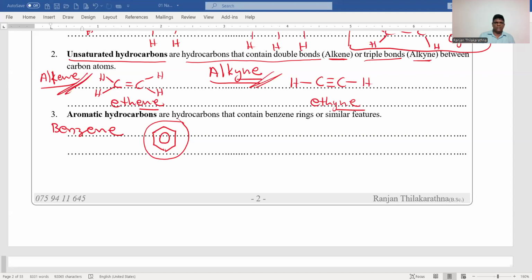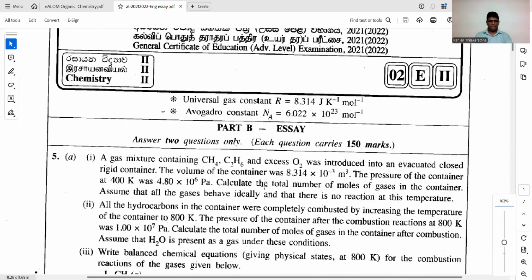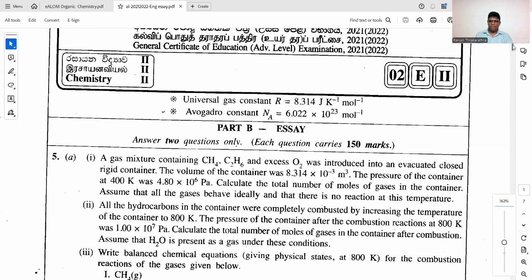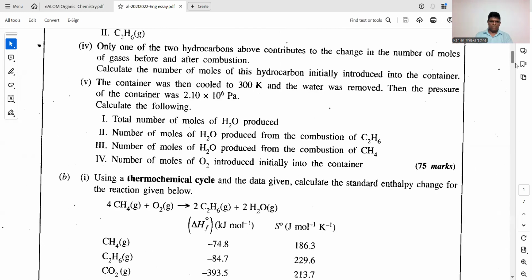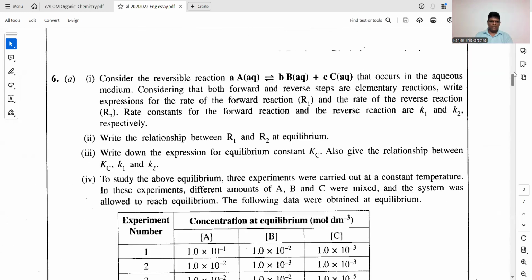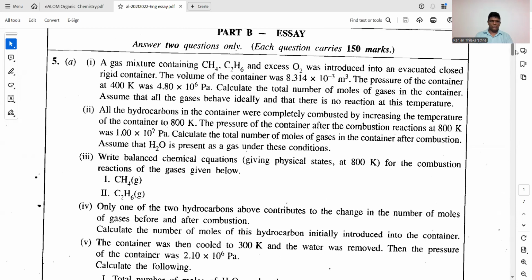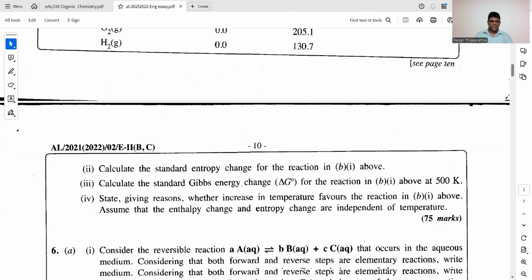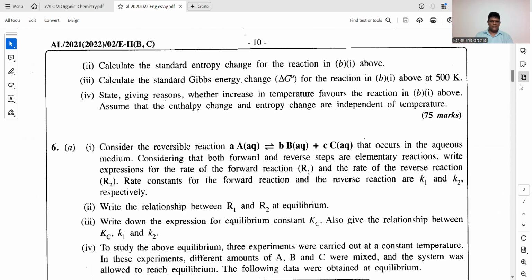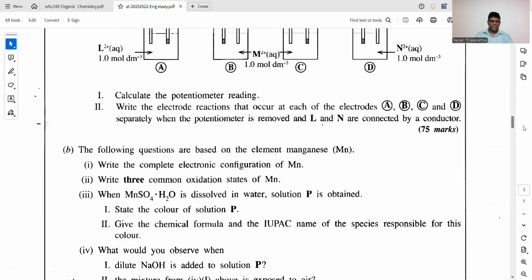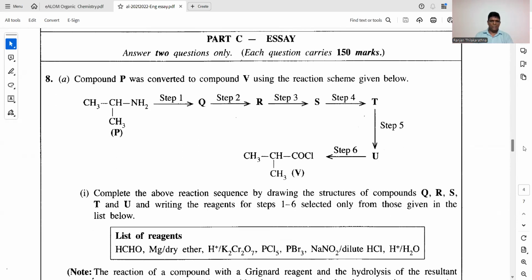In this paper, you can see question number 5, question number 6, question number 7, and then question number 8.